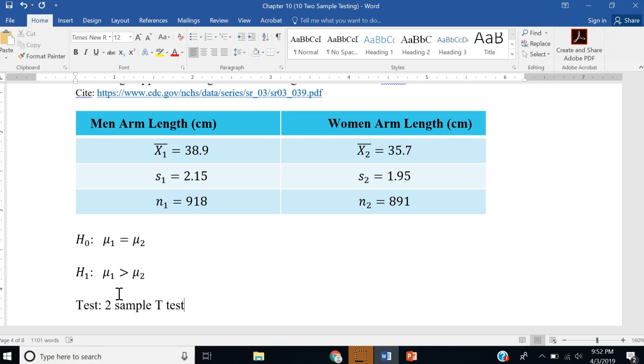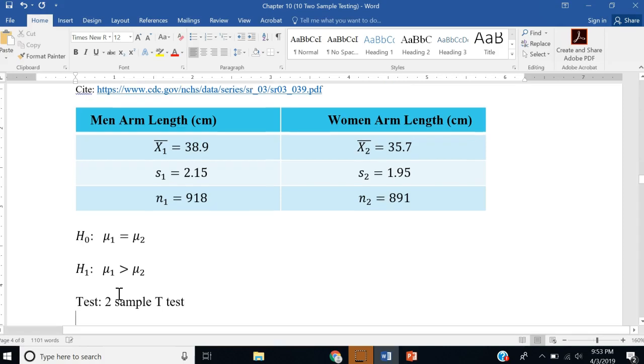And then we're going to input the average arm length for men, the standard deviation for men, and the sample size for men. And we'll do the same thing for women. We are going to use the greater than symbol. And once again, we're going to say not pooled.